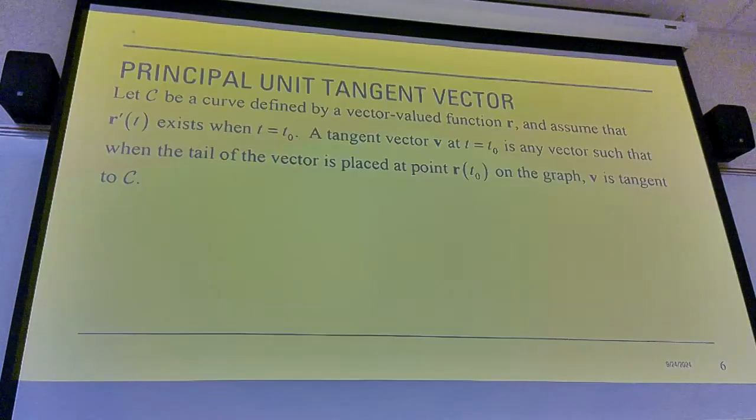So if you have a curve C defined by r, then r prime of t naught would be tangent at t naught. Which means that would serve as a direction vector for your tangent line at the point.